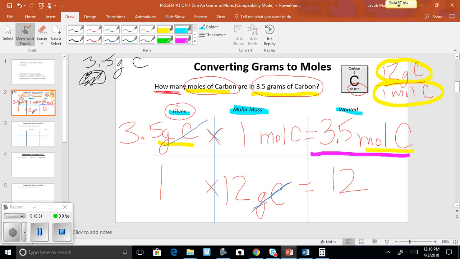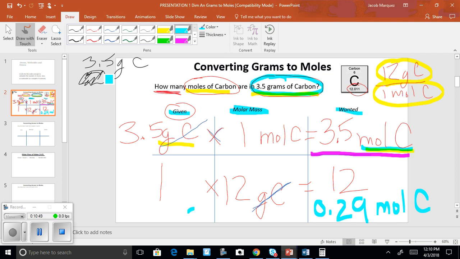Okay, so for my answer, I am just going to write the 0.29. I'm going to write it in this blue color. So 0.29. And what are my units? Well, the units that are left over are moles of carbon. Okay, so now I know if I have 3.5 grams of carbon, that is going to equal 0.29 moles of carbon.